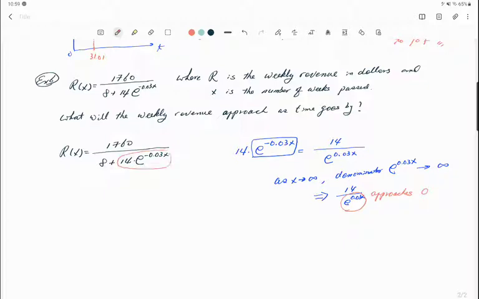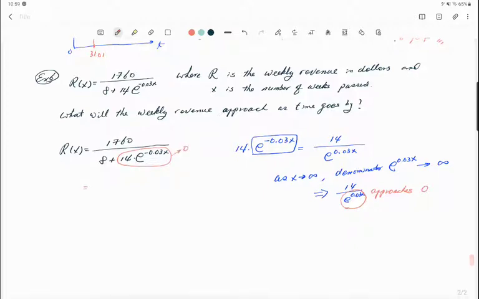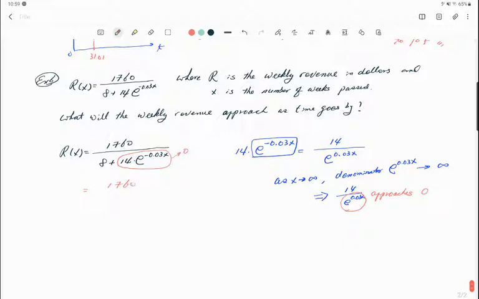So this value approaches 0. So we can write it like this: 1760 divided by 8 plus, because as x approaches infinity, very large, as time goes by, this whole thing will be 0.